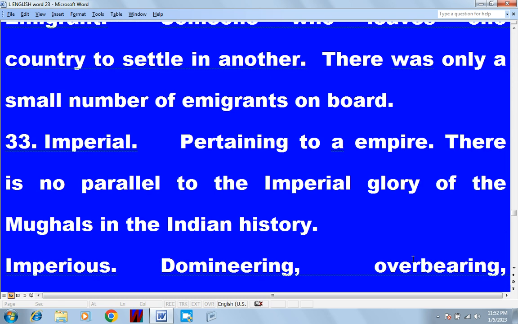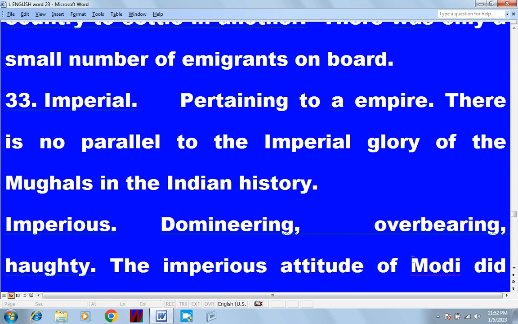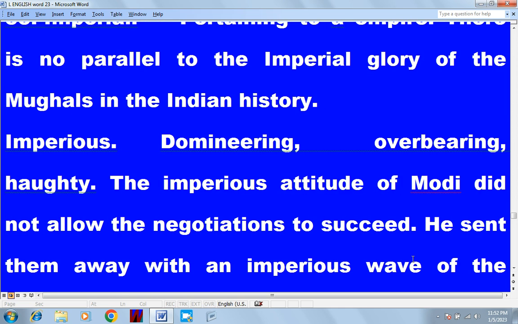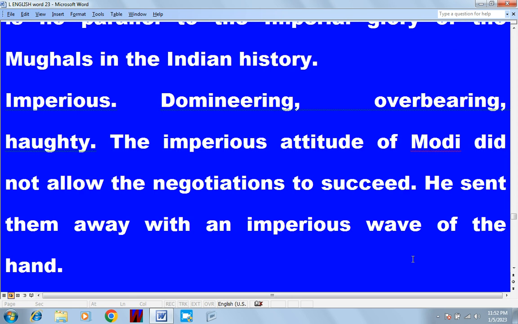Imperial: pertaining to an empire. There is no parallel to the imperial glory of the Mughals in Indian history. Imperious means domineering, overbearing, haughty.